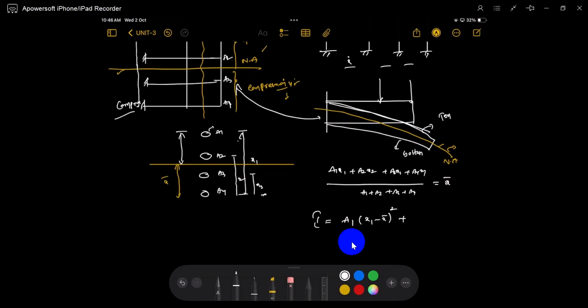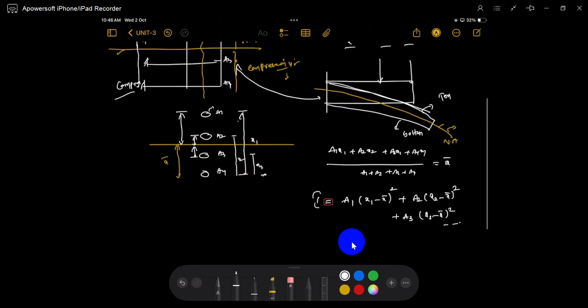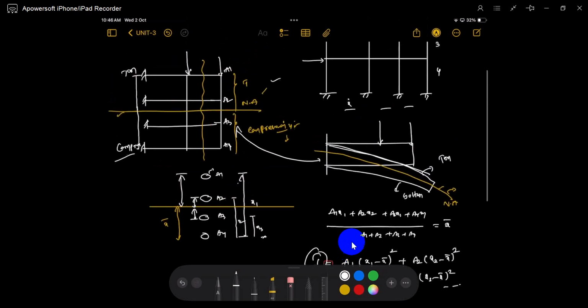For A2, A2 into (x2 minus x dash) squared, and so on, A3 into (x3 minus x dash) squared. The distance may be negative, but the squared terms are not negative. So you can find the I value. Why we require I, I will show.